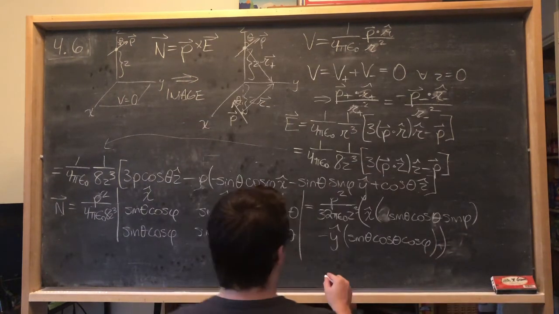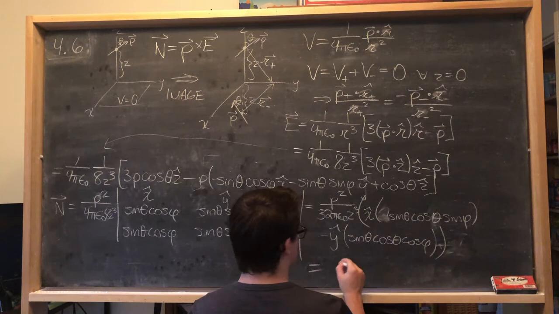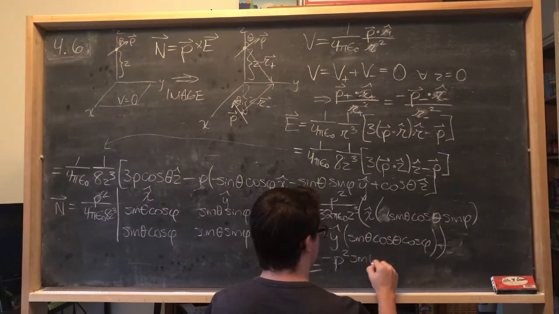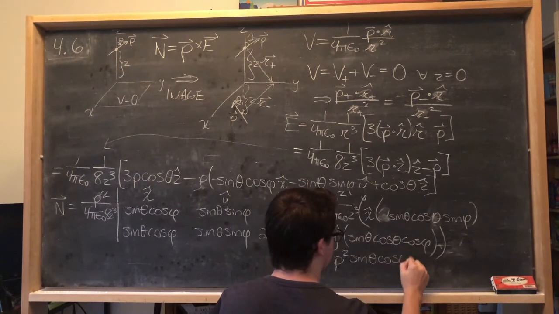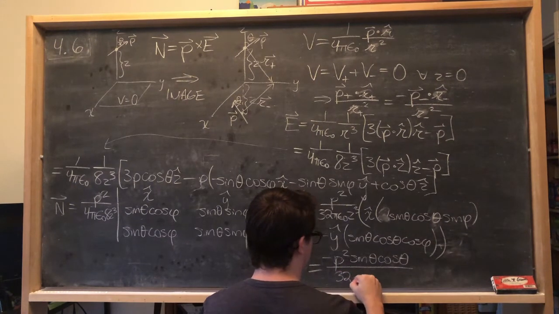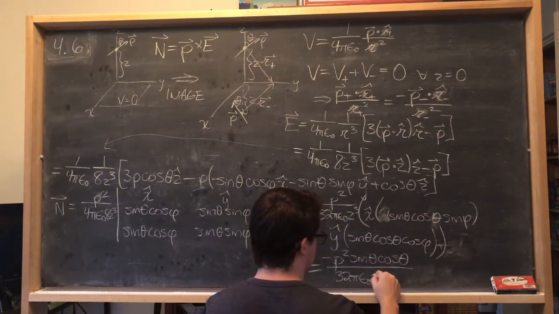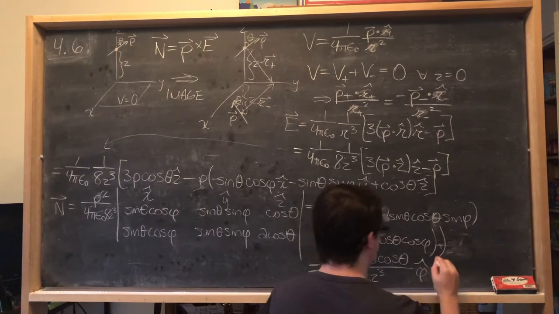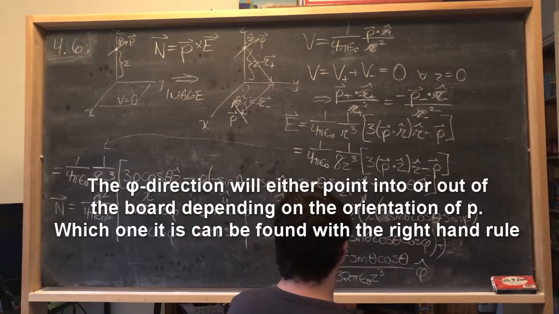So we can do that. So minus p squared sine theta cosine theta over 32 pi epsilon naught z cubed phi hat. Okay.